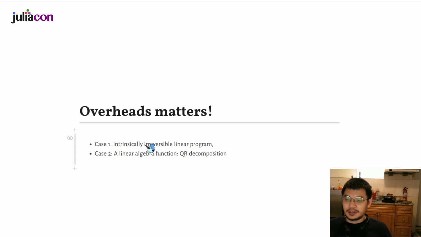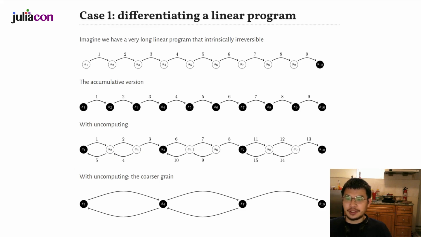In the following, I'm going to use two cases to study the overhead in reversible computing to differentiate the program. The first case is differentiating a linear program, for example, an ordinary differential equation solver. At each step, the program computes a new state.